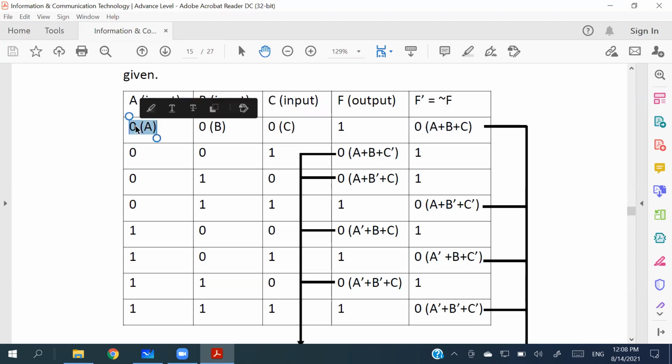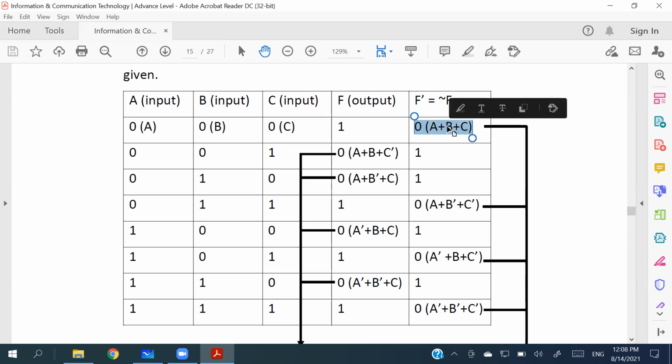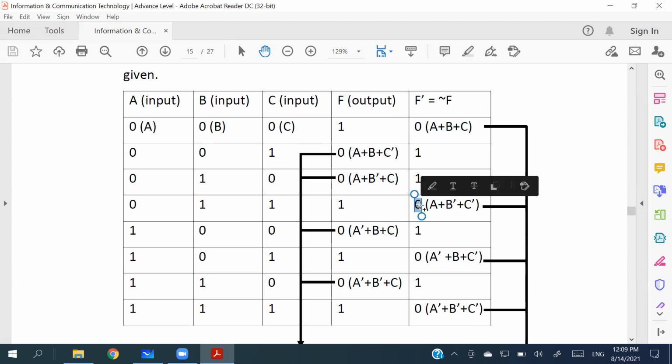So A, B, C is indicated by these 3 places. So we write it like A plus B plus C bar. And we got the next 0 over here, and it has the combination of 0, 1, 1. So we have to write it like this: 0 indicates A, this one indicates B bar, this one indicates C bar. So we write it A plus B bar plus C bar.